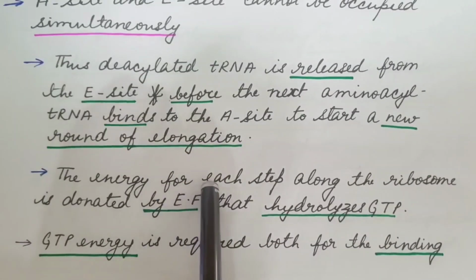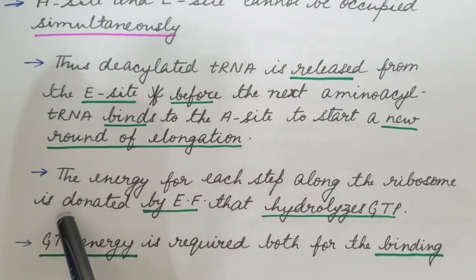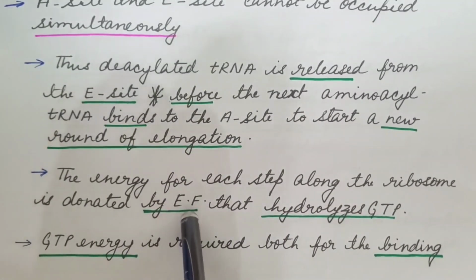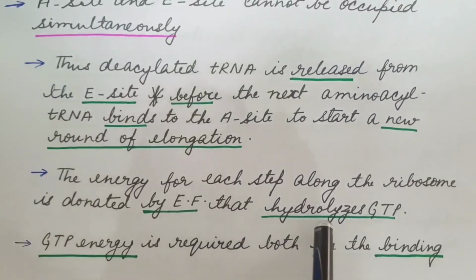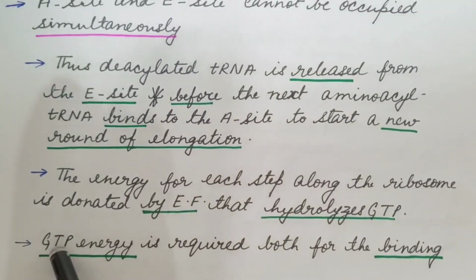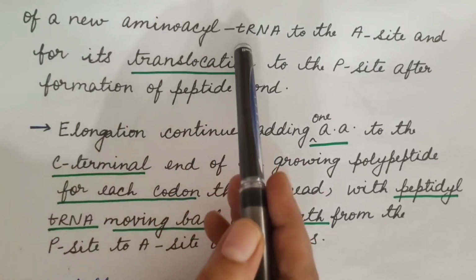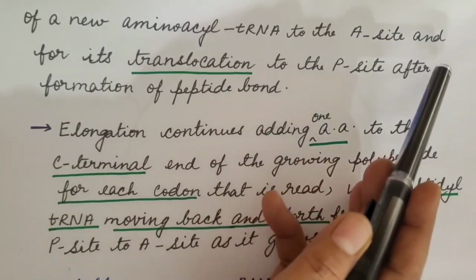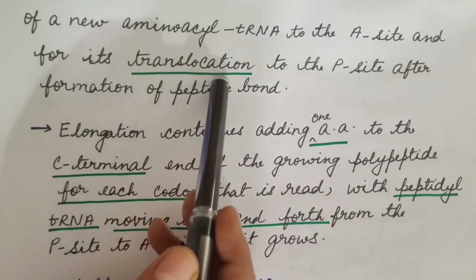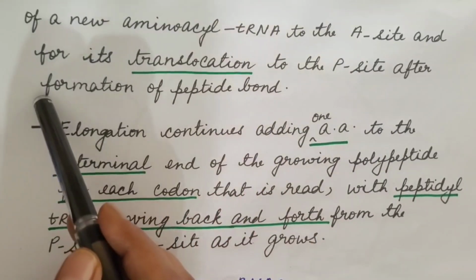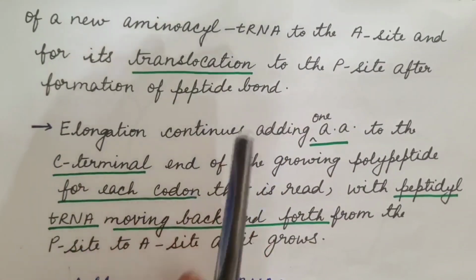The energy for each step along the ribosome is donated by elongation factor that hydrolyzes GTP. GTP energy is required both for the binding of a new aminoacyl transfer RNA to the A site and for its translocation to the P site after formation of the peptide bond.